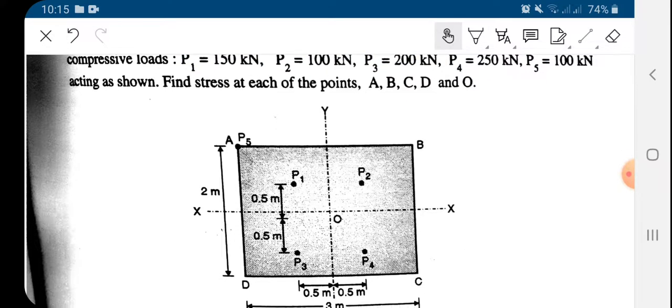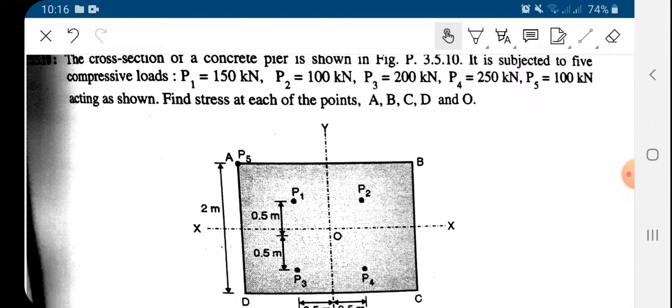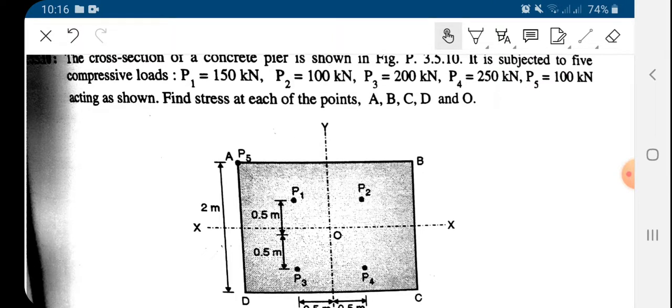Now these loads are acting at these points. We have to find the stresses at each corner point A, B, C, D and O.